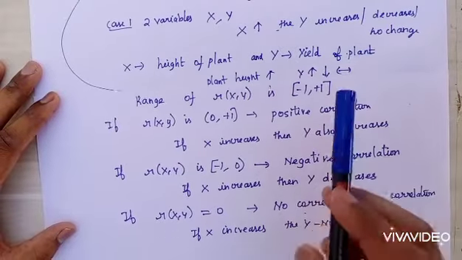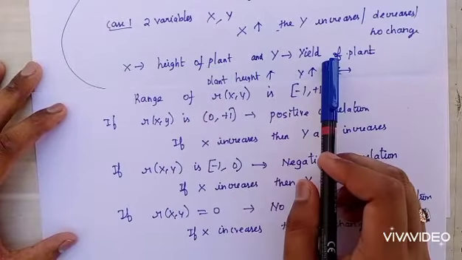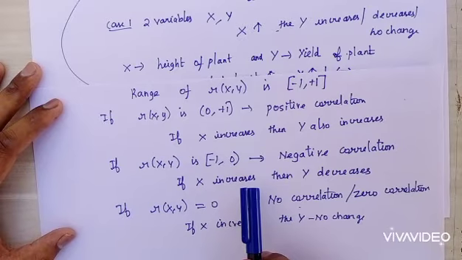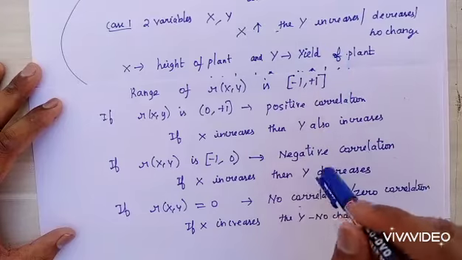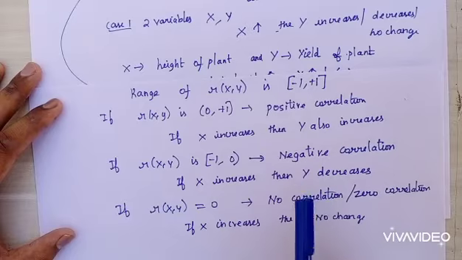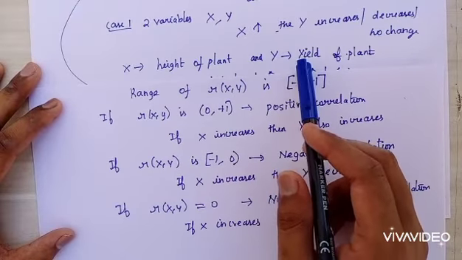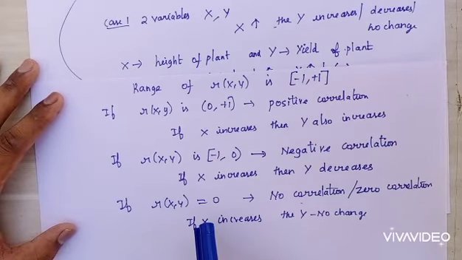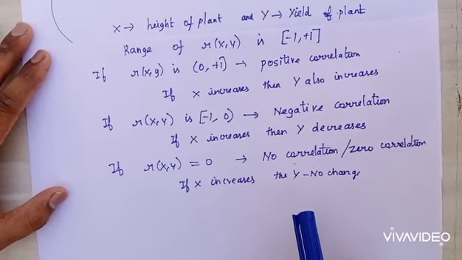If the correlation between the plant height and the plant yield is negative, then if the plant height increases, the plant yield will decrease. If the correlation is 0, then if the plant height increases or decreases, the yield of the plant will not change. That is the meaning of this correlation: positive, negative, and zero correlation.